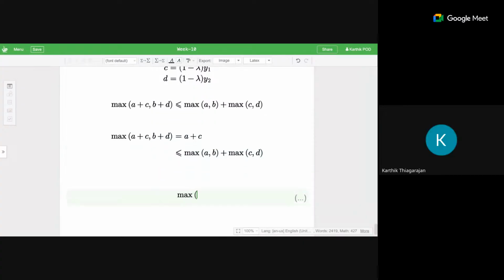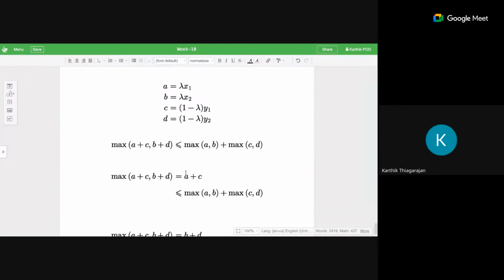Yes. So once again you can go the other way: this is B plus D, and you can replace B with something bigger than or equal to B, and replace D with something bigger than or equal to D. Right? So both ways you see that this is satisfied.